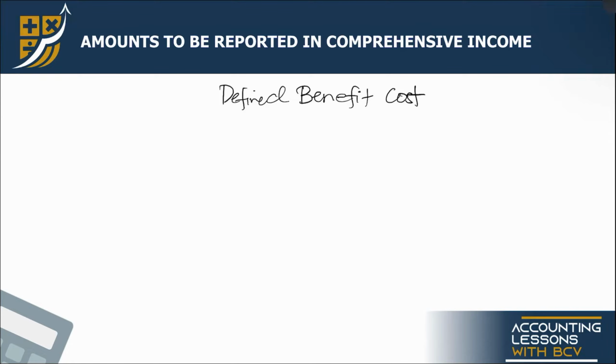Alright? Tatandaan nyo, si retirement cost, hati yan sa dalawa. Meron siyang pang profit or loss, meron siyang pang other comprehensive income. Ano nga ulit ang laman pag nasa profit or loss siya? Number one, service cost.